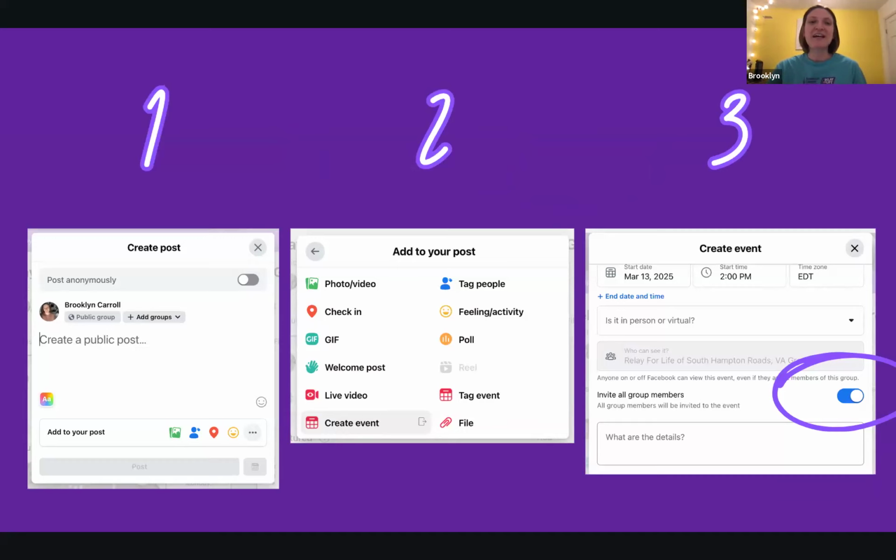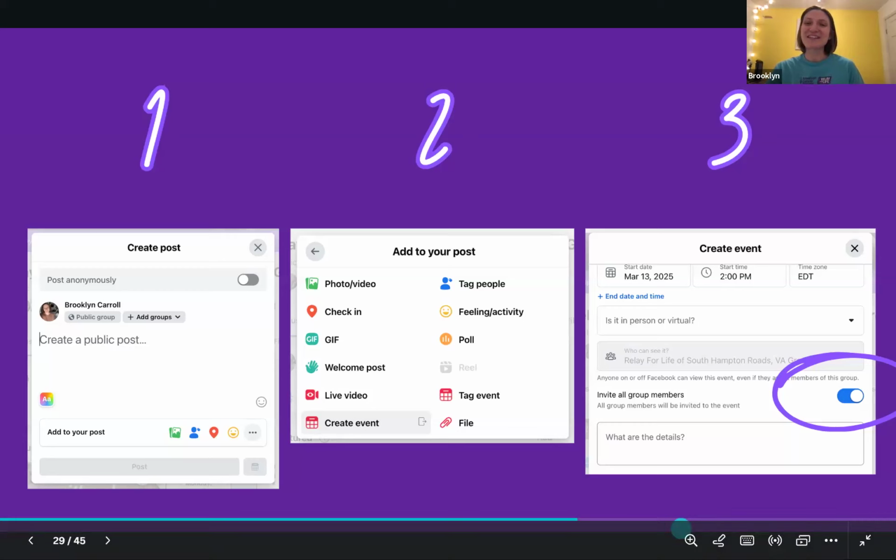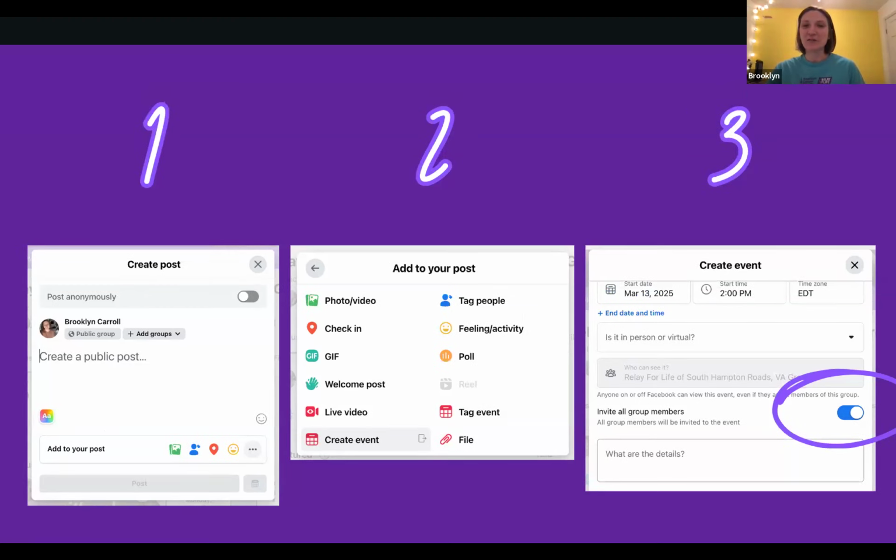But besides that, I learned a lot about Facebook events this year. I kind of took the easy way out before this year, and I regret doing that. I use Facebook events for all of our team fundraisers. Prior to this year, someone would email me their flyer or information about their fundraiser and ask me to post it for them.